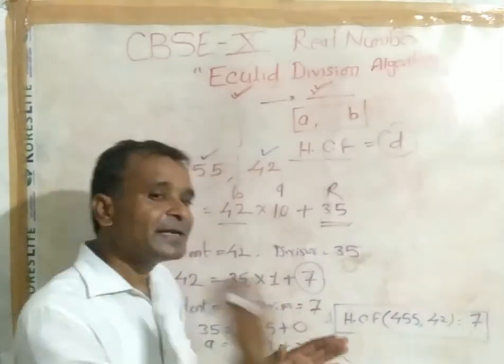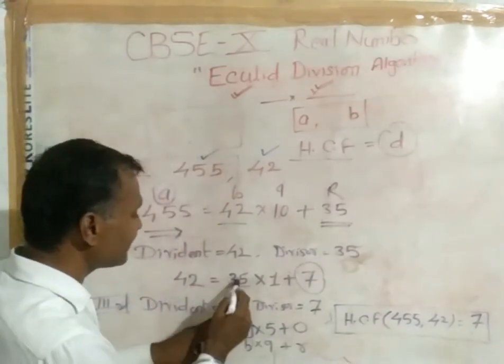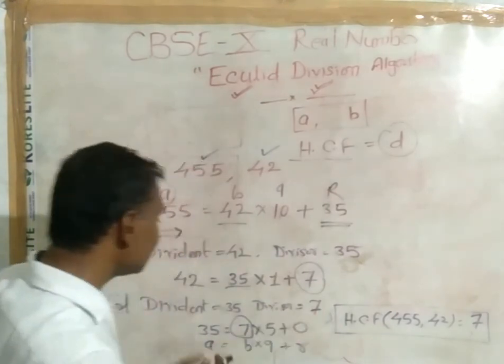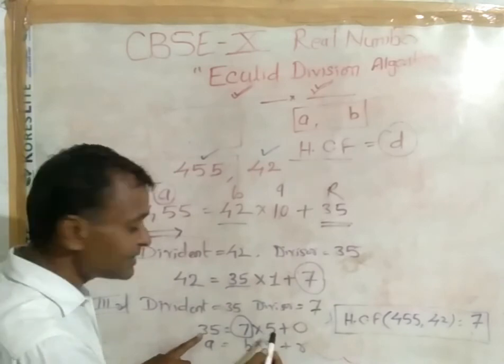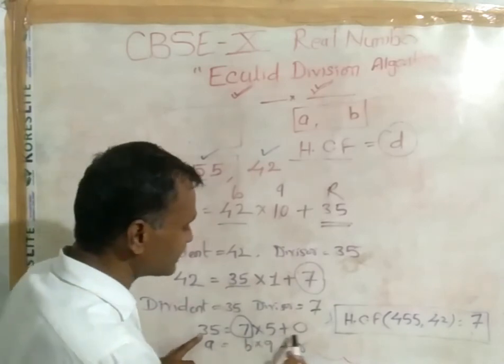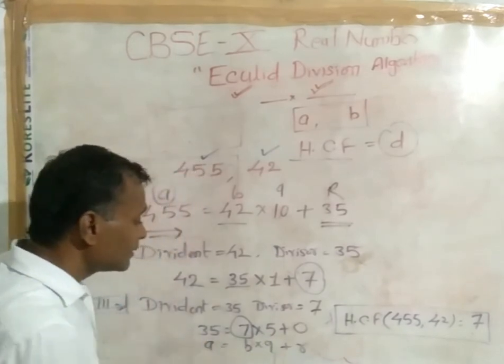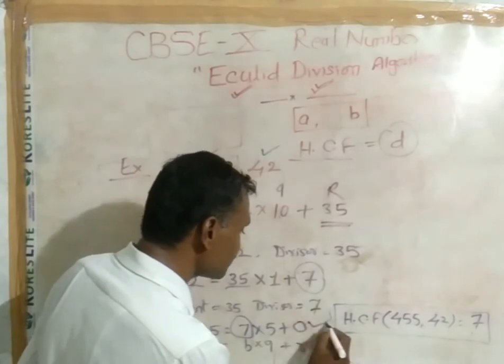Then repeat it a third time and take 35 as the dividend and 7 as the divisor. Okay, 35 divided by 7. 7 5s are 35. It means quotient 5 plus remainder 0. Now in the third step we got 0.